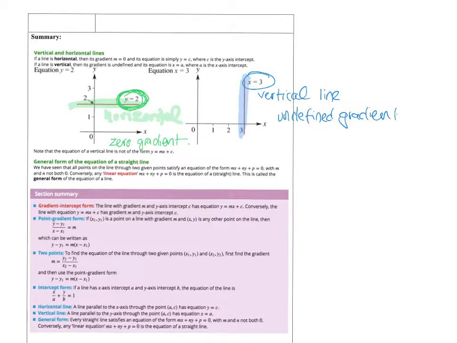Now, just to go over the little summary, the gradient intercept form is this form here. If you're asked to write gradient intercept form, they want you to write y equals mx plus c. Now, this point gradient is just a way to find the gradient. We know that. I just wanted to bring your attention to this because it can save you a lot of time.